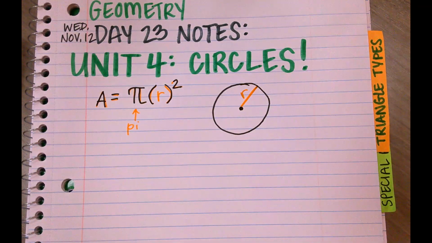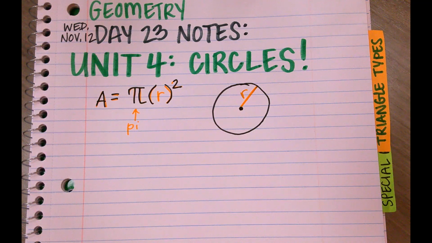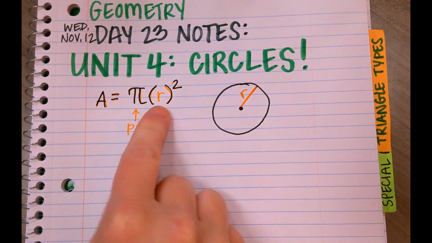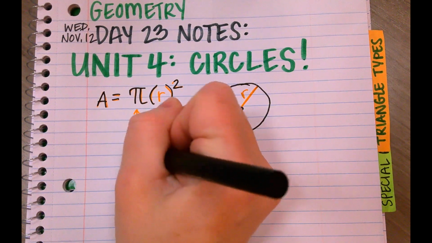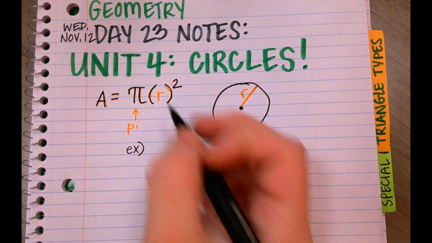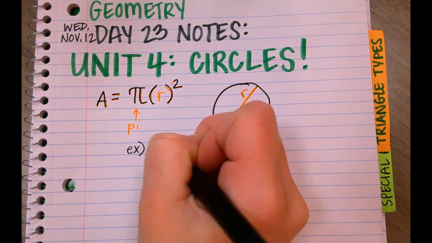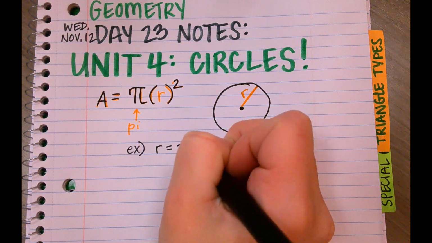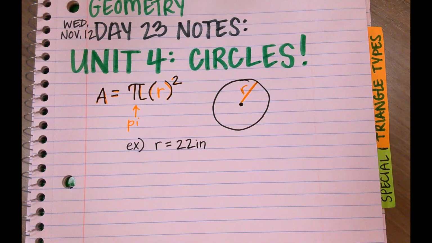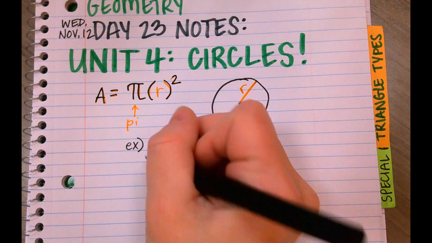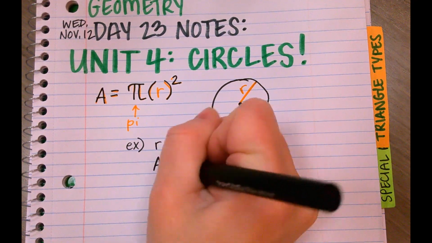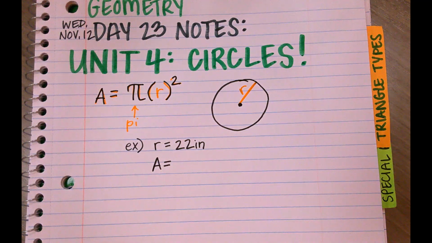Okay. So we know that if we have the radius, for example, let's say my radius is 22 inches. If I want to find the area, let's use the radius to find the area.